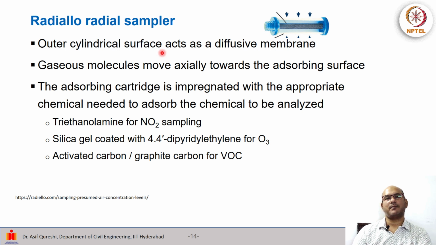So one of these samplers, which is the radial sampler, the outer cylindrical surface will act as a diffusive membrane. So the gas analyte is being diffused. The gas molecules will move axially towards the adsorbing surface.